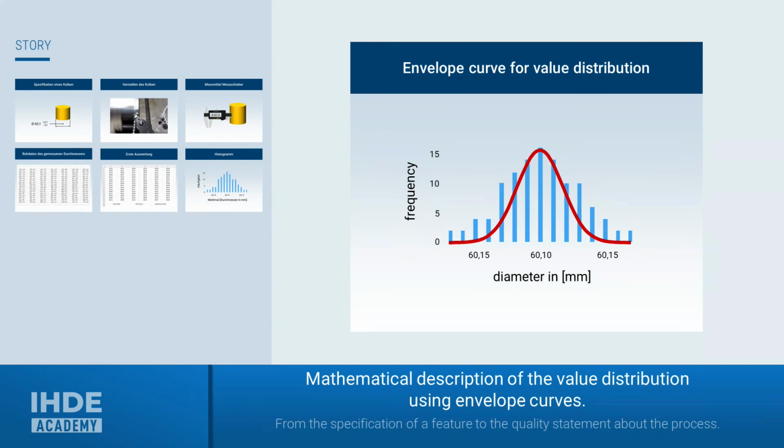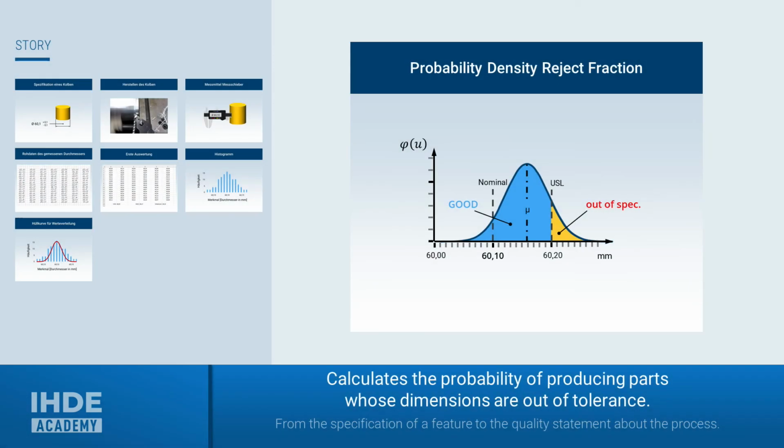An important intermediate step for further calculations is to describe the value distribution using a curve that can be described mathematically. A classic example of such an envelope curve would be the Gaussian distribution. Once you have managed to describe the distribution of the values mathematically, you can also calculate the probability that a process will produce characteristics that are outside of the specification.